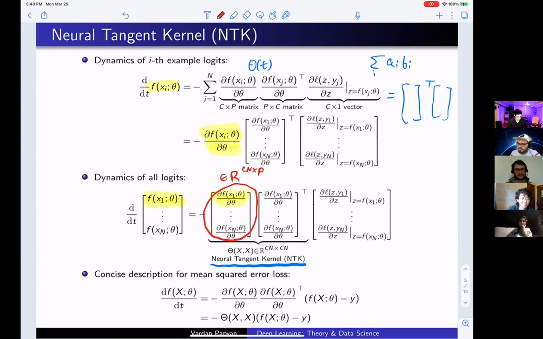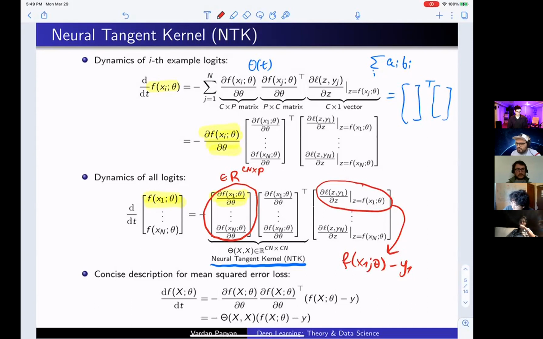Because if you look at the derivative of the loss with respect to Z, for the MSE loss, the derivative of the loss with respect to Z is just equal to the difference between Z and the label, right? So it's basically equal to f(x1, theta) minus y1 for the MSE loss. This is a very simple quantity. It's just the difference between the prediction and the label.